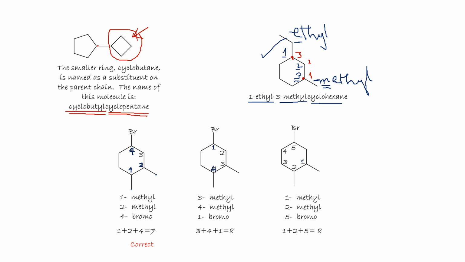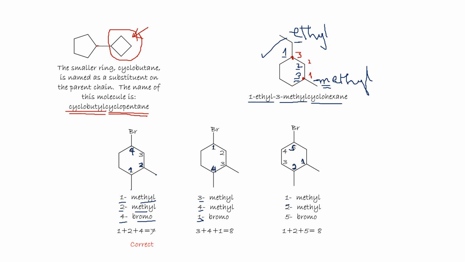And you can start from here 1, 2, 3, 4, 5. In the first one, 1 methyl, 2 methyl, 4 bromo. Here you will have 3 methyl, 4 methyl, 1 bromo.